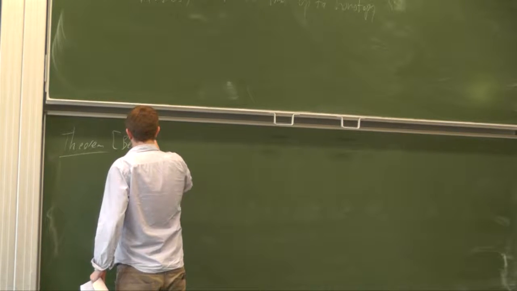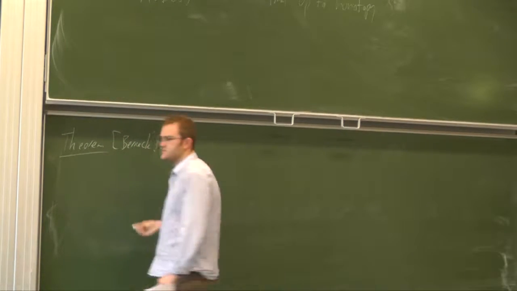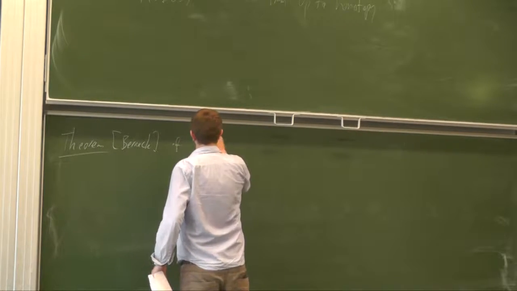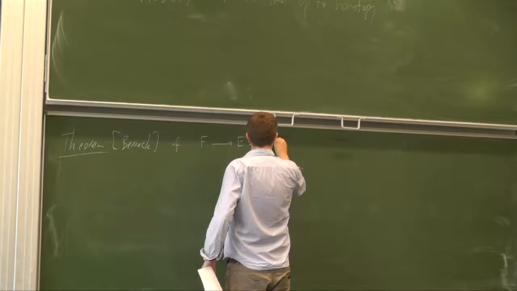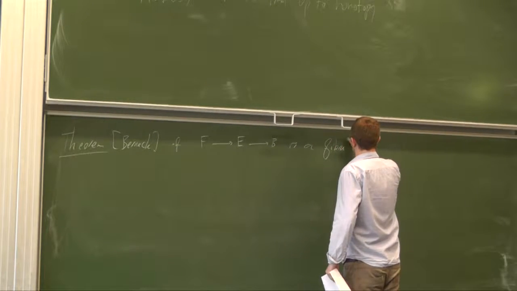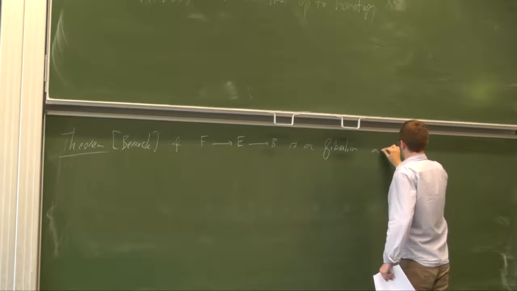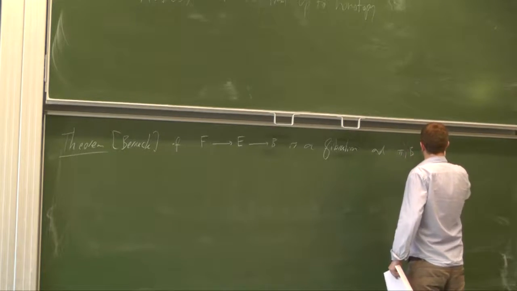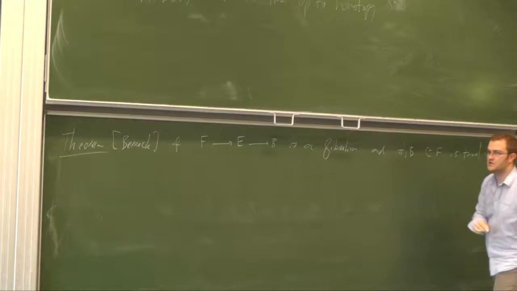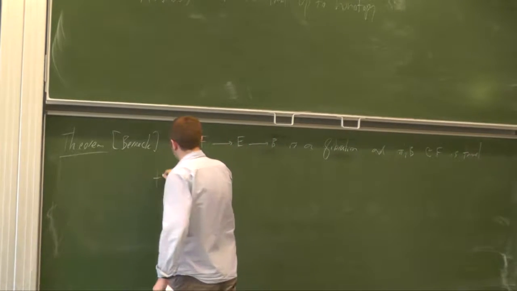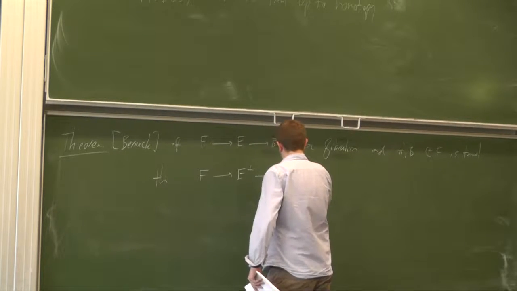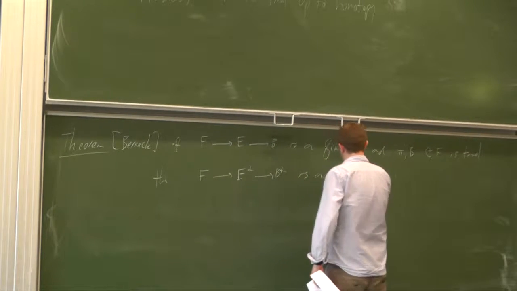The reference I have for it is due to Berrick, but there may be an earlier one, because I'm probably using a very special case, which says that if F, E, B is a fibration, and pi1 of the base acting on F is trivial, then F, E plus, B is a fibration.